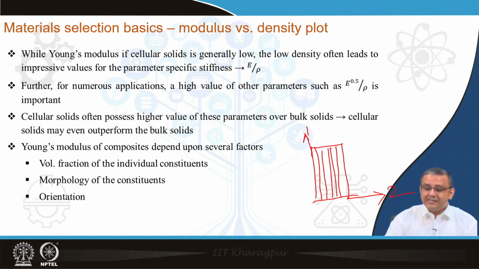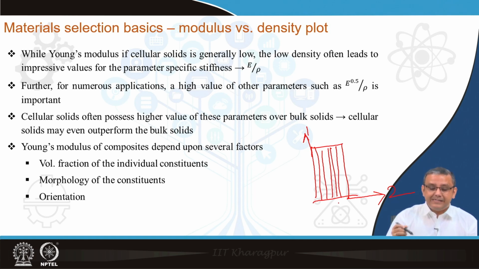Because this is a UD fiber reinforced composite, it is designed in such a way that you have the highest property enhancement along the one direction, whereas along the two direction you have lesser properties. This is a typical case of elastic anisotropy, which depends upon the fiber orientation, with the modulus along the one direction much higher and the modulus along the two direction significantly lower.